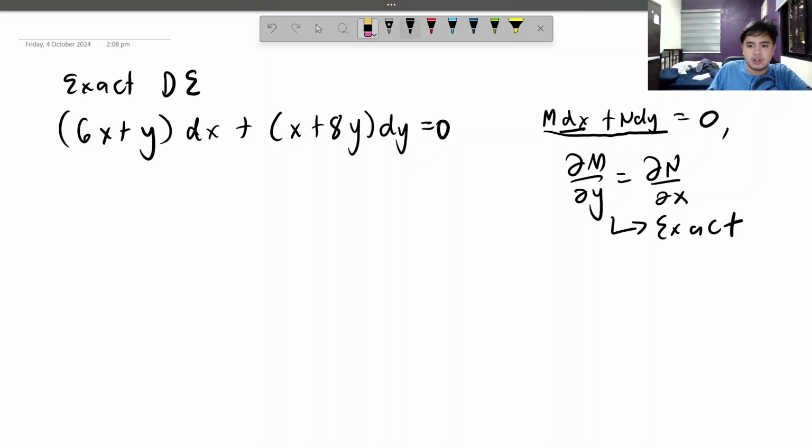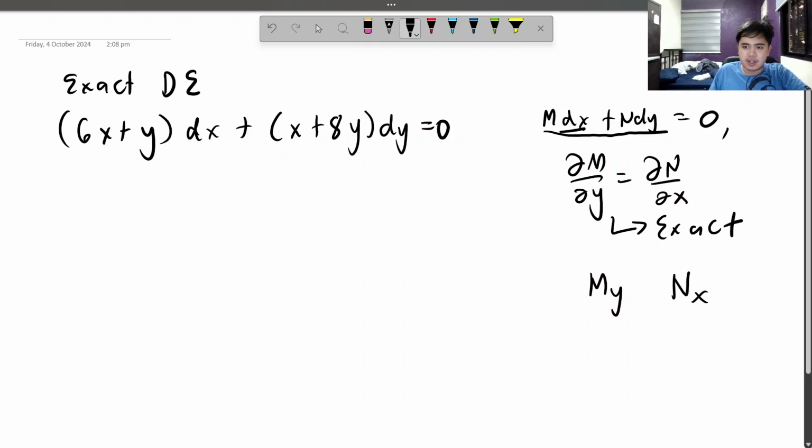Let me introduce to you another notation here. The partial of M with respect to y can also be written as M_y, and the partial of N with respect to x can be written as N_x. This is an alternative notation, so we will be using this.